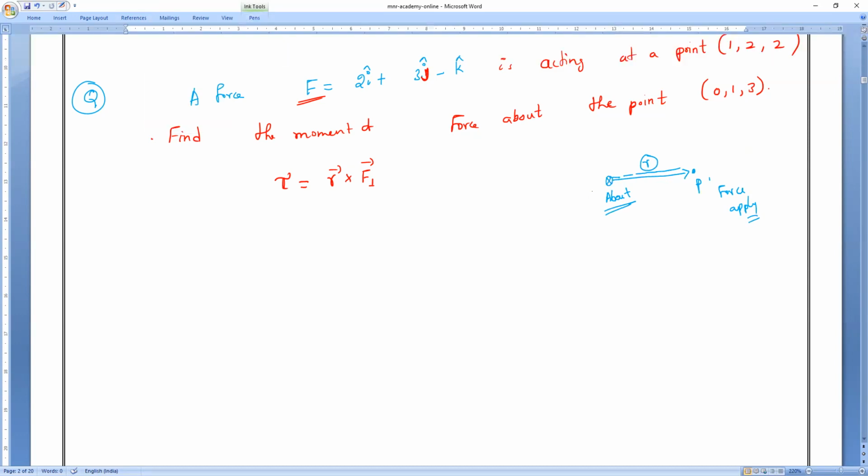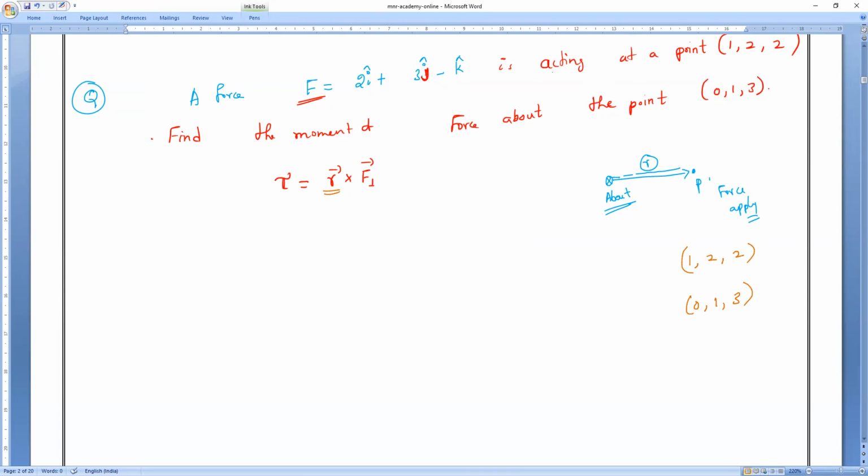We don't know R, so how to find R? Let us observe very carefully. We have two points given: 1 comma 2 comma 2, and another point 0 comma 1 comma 3. Which is the fixed point here, and which is the force applied point?